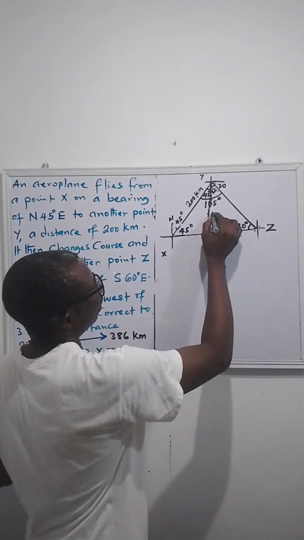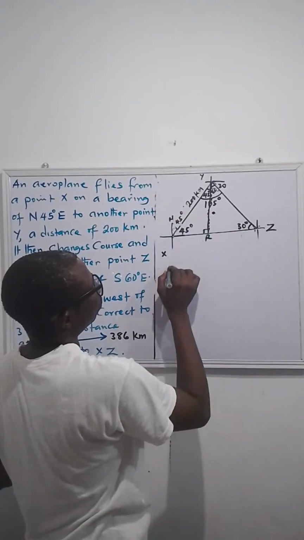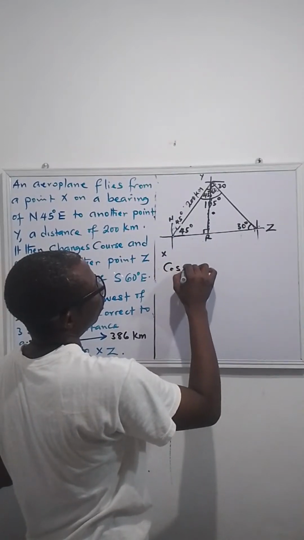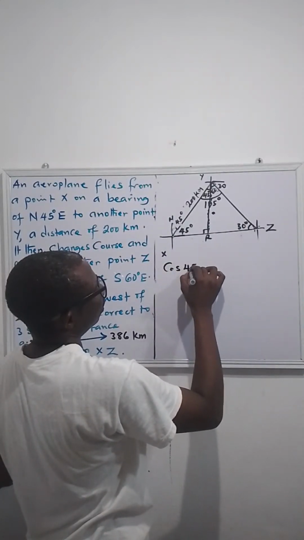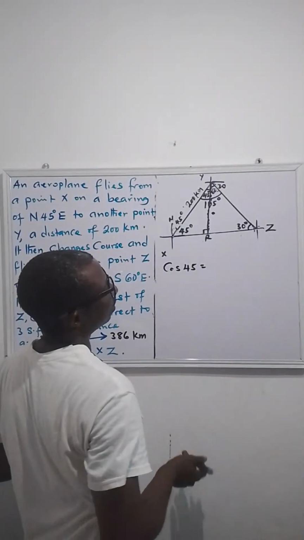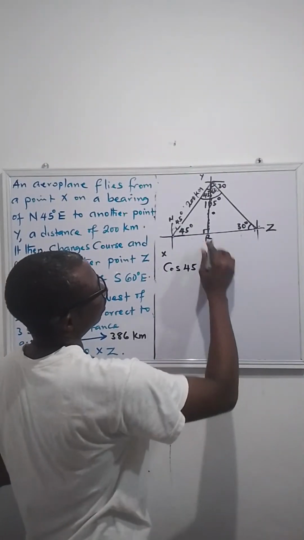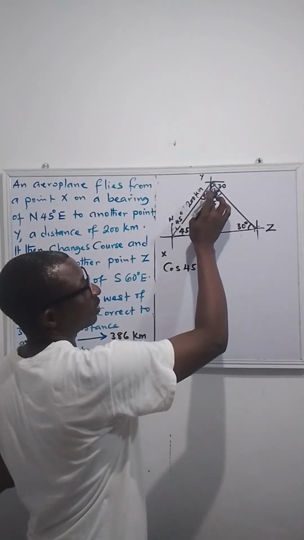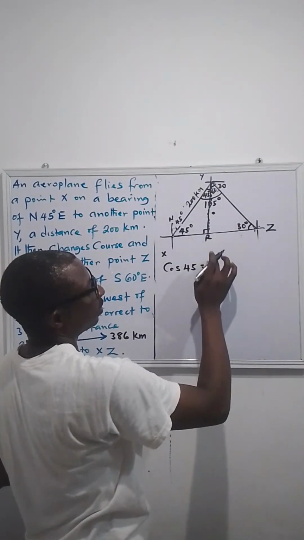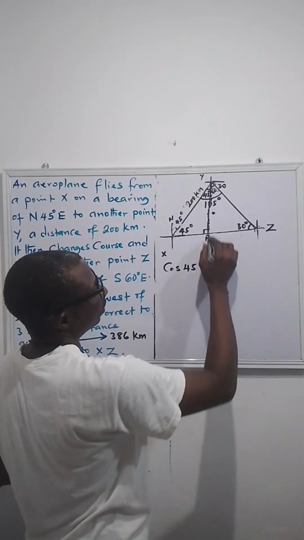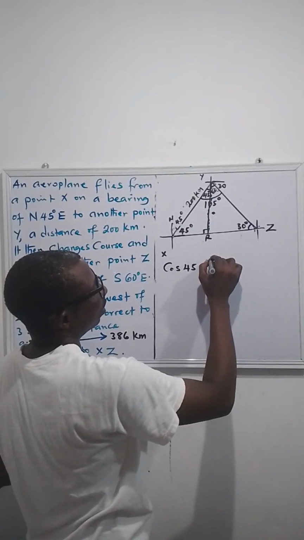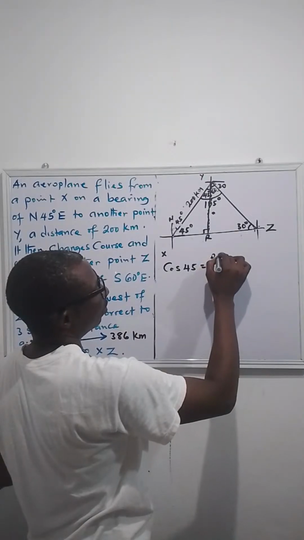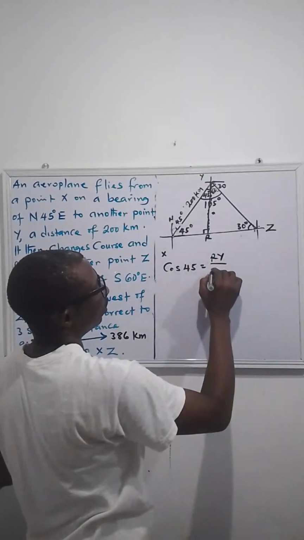Since we are connecting this and this, we can use cos 45 equals adjacent over hypotenuse, that is Ry over hypotenuse.